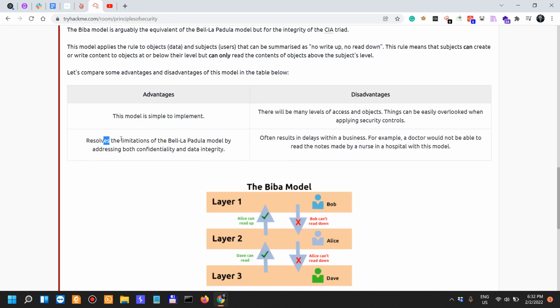Advantages: simple to implement, resolves the limitation by addressing both confidentiality and data integrity. So you have many layers and things can be easily overlooked.